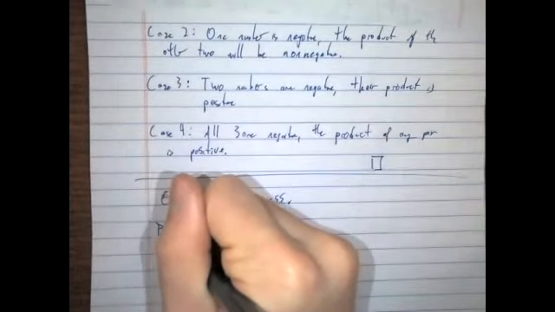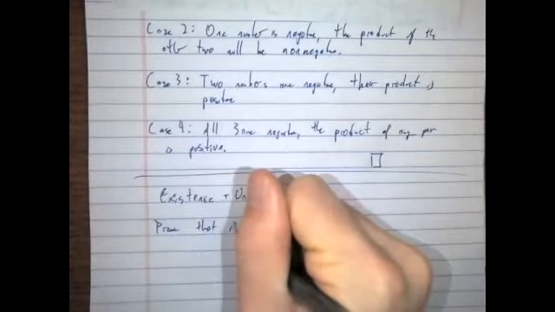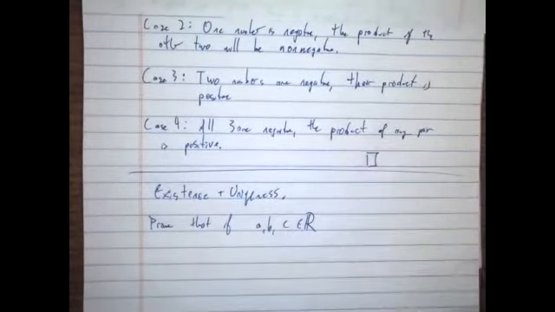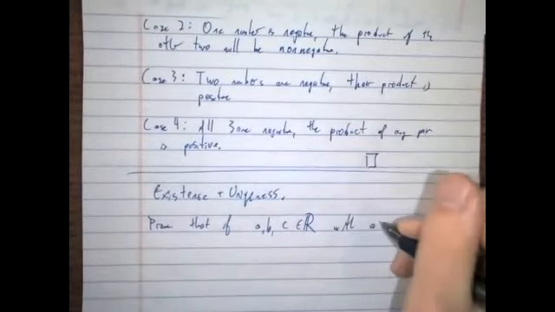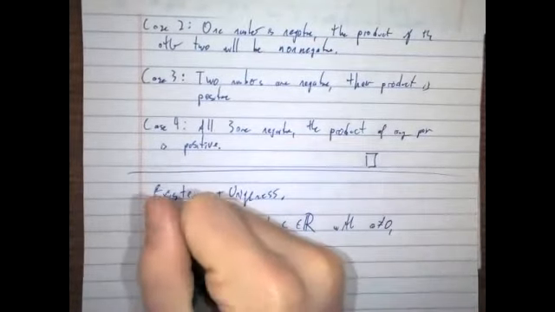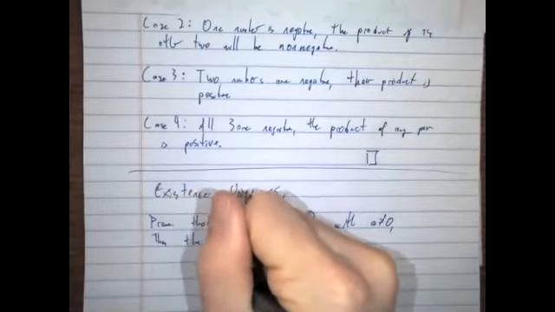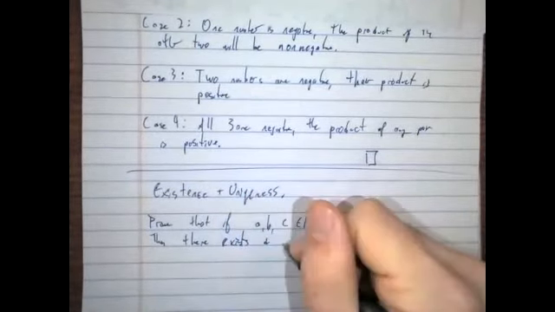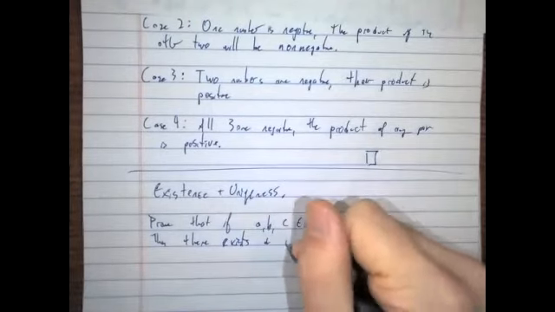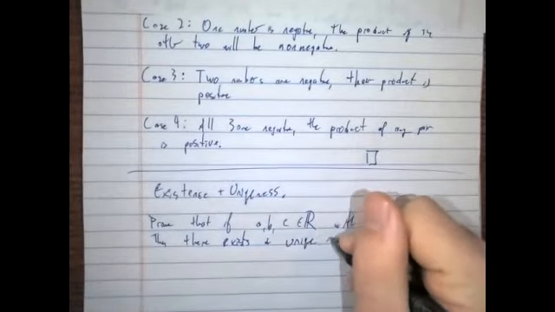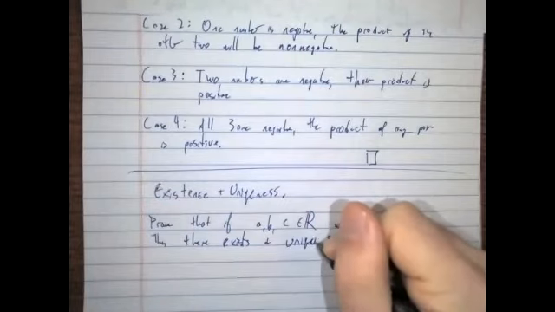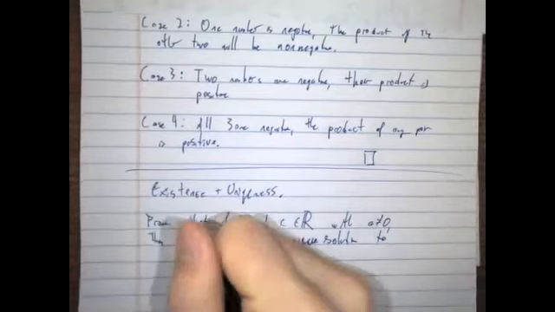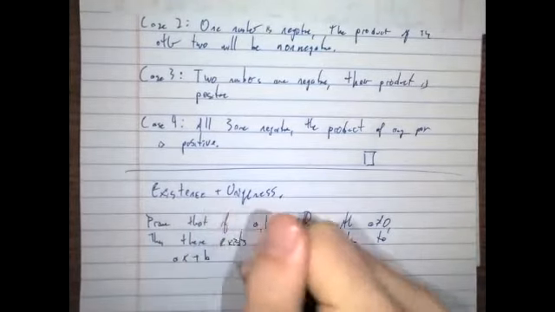Prove that if A, B, and C are real numbers with A non-zero, then there exists a real solution, or there exists a unique solution to AX plus B is equal to C.